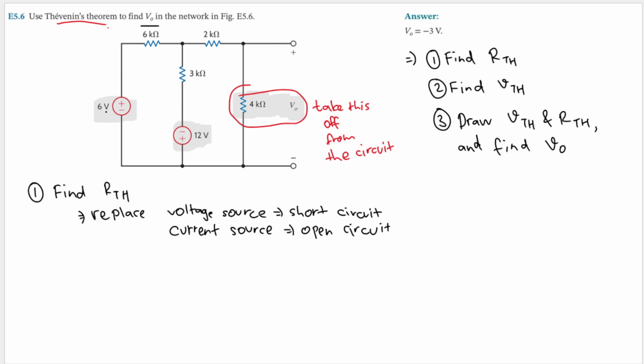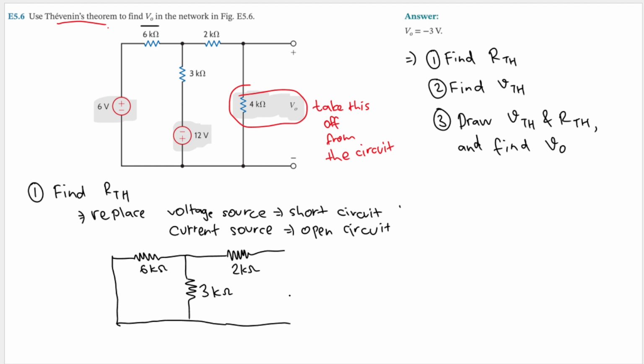We replace this 6-volt voltage source by short circuit, so we will have only cables in this branch, and we still have that 6 kilo ohm resistor. Then we will have this 3 kilo ohm resistor, and this 2 kilo ohm resistor.